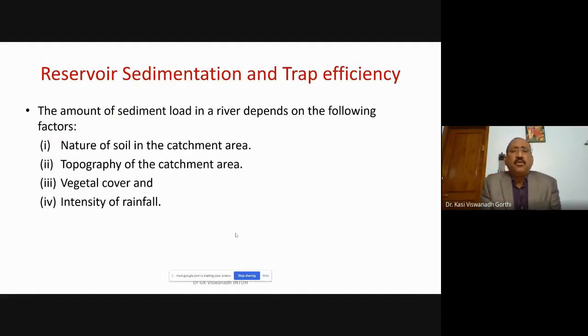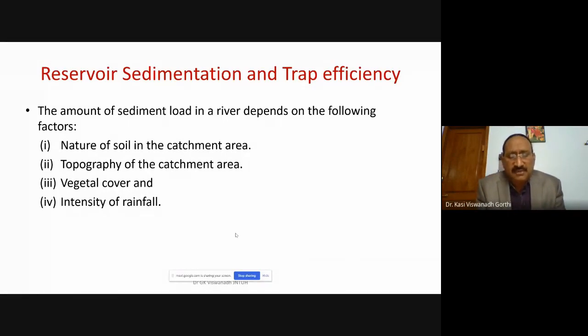The amount of sediment load in a reservoir depends on various factors. If we take the entire catchment area, what are the soil characteristics of the catchment, what is the topography, and what is the vegetal cover. If any vegetation is there on the catchment area, naturally it will obstruct the movement of this sediment load. Then the fourth parameter is the intensity of rainfall, which directly affects the movement of the sediment.